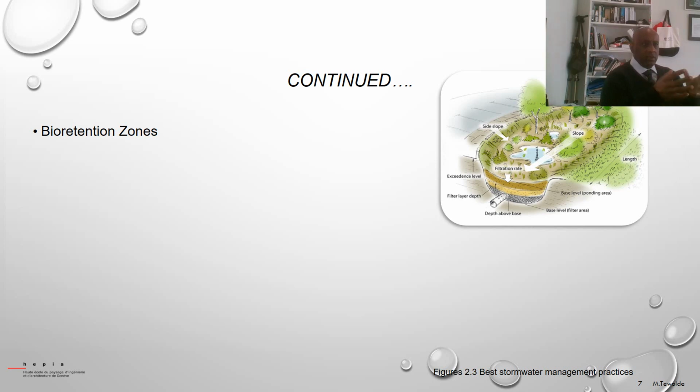A bioretention zone is a zone that simply collects the water that is coming from the sewer system and holds it for a certain period, and then the plants may use all those chemicals, nitrogen and phosphorus, and also facilitate infiltration into the ground, and also there will be evaporation, and then the water slowly infiltrates into the ground, and the rest will be released slowly.